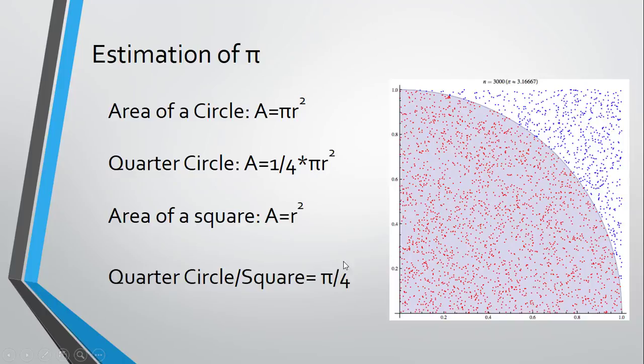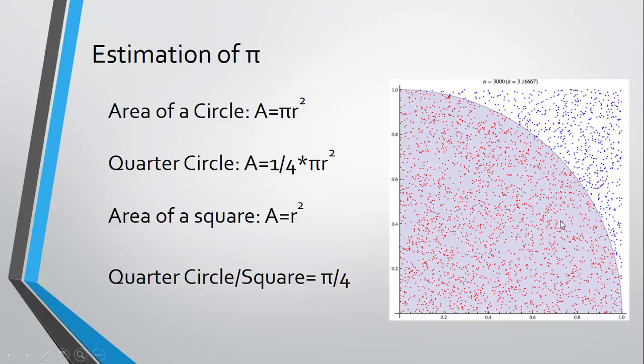So in other words, if we can calculate the area of the quarter circle and also the area of the square, then with that ratio we can calculate a quarter of pi. Of course, times 4, you get pi. So how do we do that? We can use the Monte Carlo simulation by putting dots randomly into this.